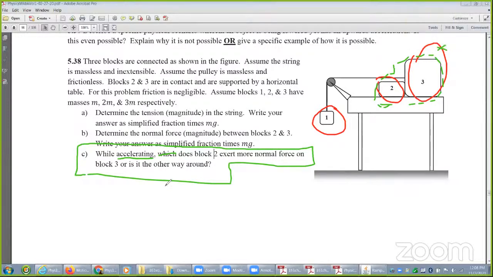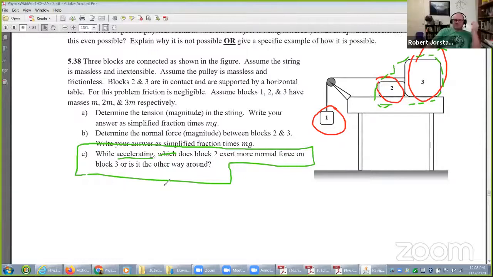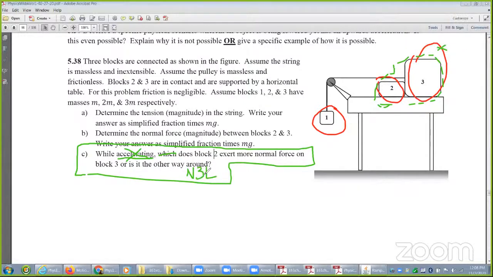They exert the same amount of force? Nice. I was trying to trick you. It doesn't matter if it's accelerating at all. That was totally a decoy. They're always the same by what law? Newton's third law. Nice. Newton's third. All right. Okay.